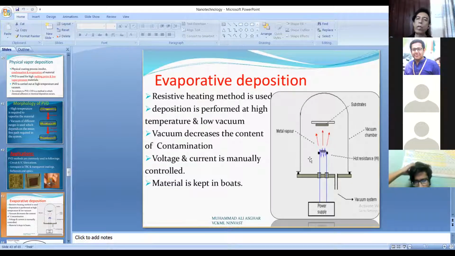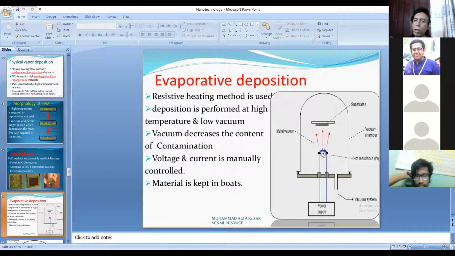Why vacuum? Because of two things. First, air means nitrogen, oxygen, water vapor, and all these things.